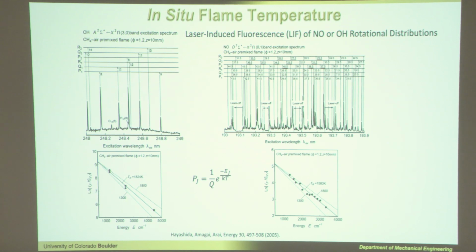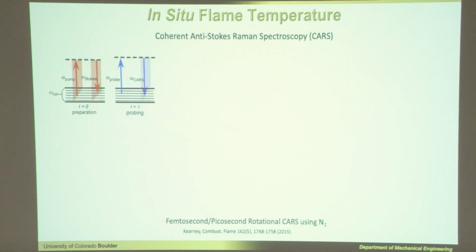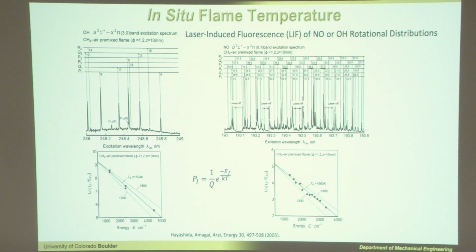There are some drawbacks to this technique, and I don't know how much of an effect it makes, but depending on if you do this on the nanosecond time scale, people have pointed out that you can get quenching of these excited states that is gas dependent, so you don't actually measure the fluorescence.